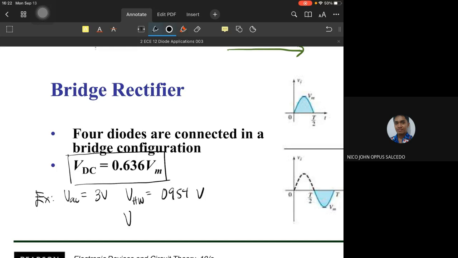But for full wave, it's 1.908 volts. So it's times 2. So we get more voltage out of the full wave rectifier than the half wave.